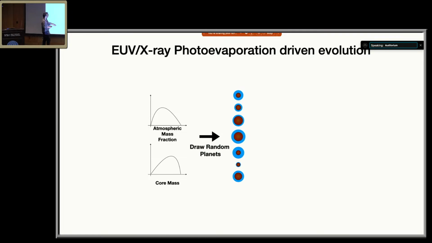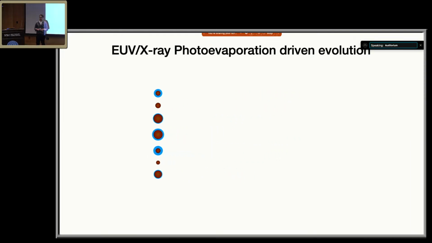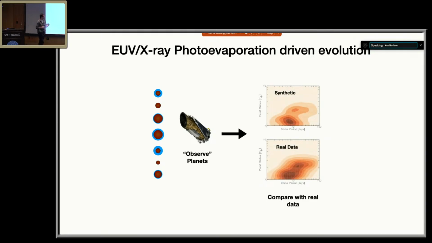So what you can do is take a guess at what you think the initial population was. You can evolve them through this process. Then you can observe them with something like Kepler. And then you can produce a synthetic guess at what the billion-year-old population looks like, and compare it to the observed population. You would say this was a bad guess.